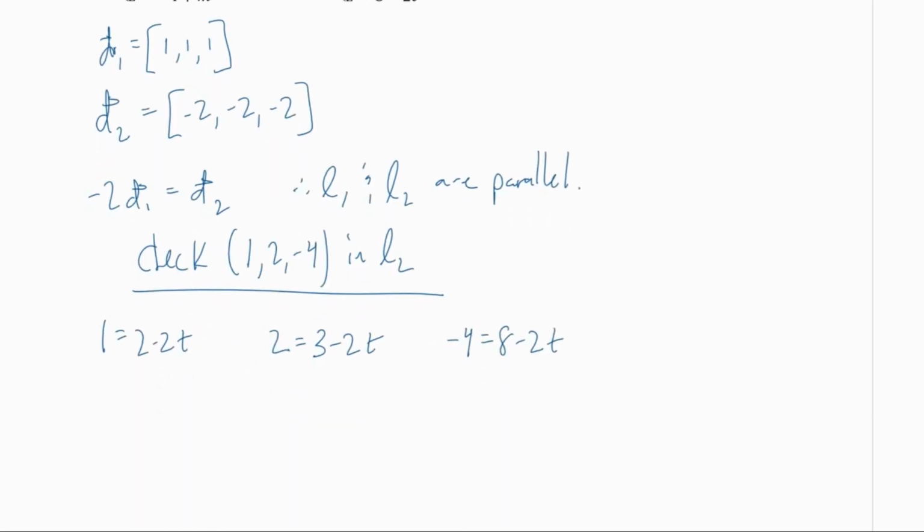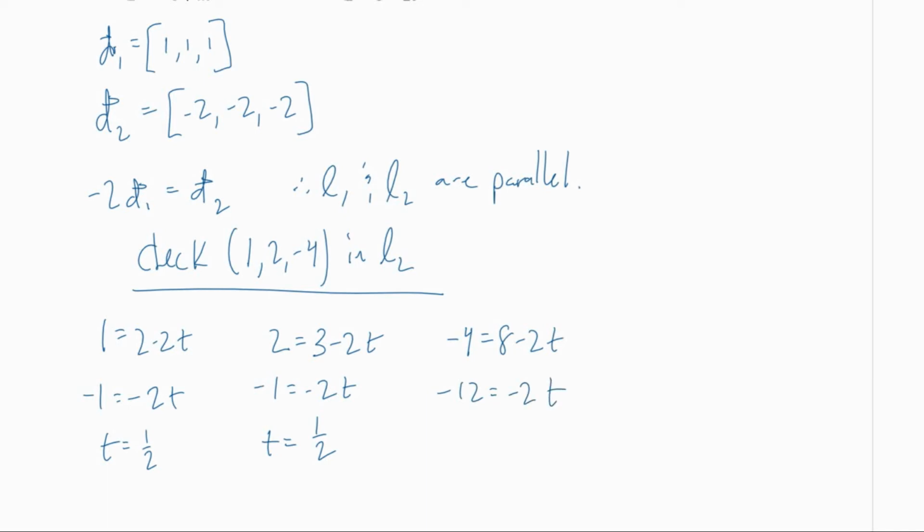Quickly solve each of these. I've got -1 equals -2t, so t is a half. I've got -1 again is equal to -2t, so t is equal to a half. So far consistent t's, okay? And this one is -12 equals -2t, so t is 6.